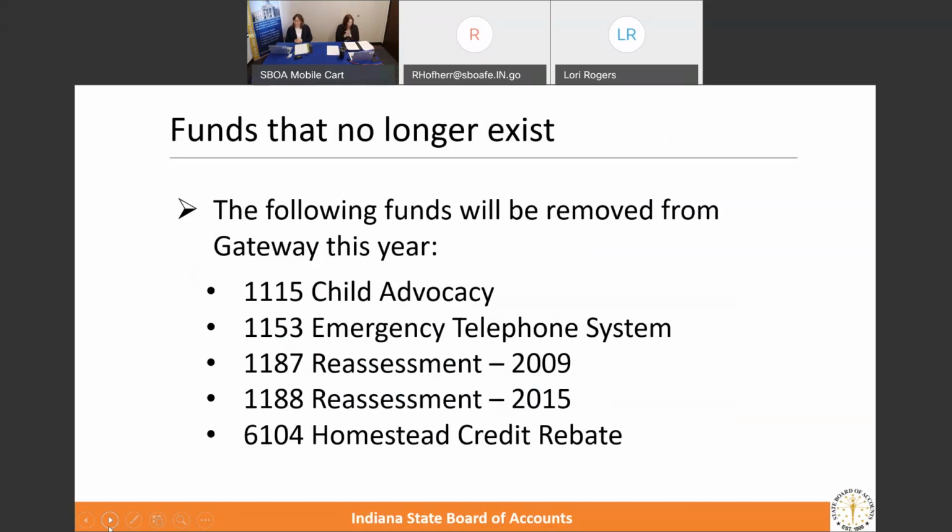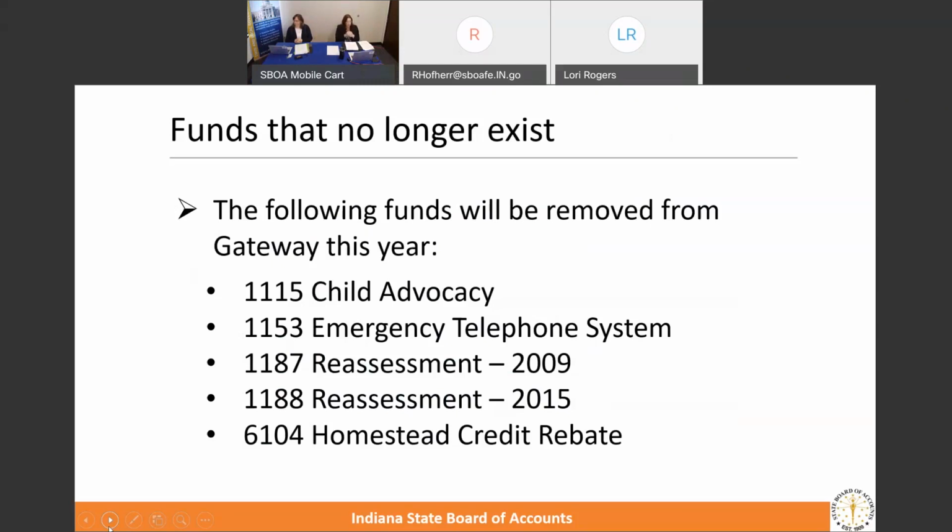Okay. The next 2 I'm going to lump together because they are very similar. These are the reassessment funds. In the past, there were separate funds that were established to account for the costs of reassessment. There were 2 funds on the chart of accounts, 2009 and 2015.